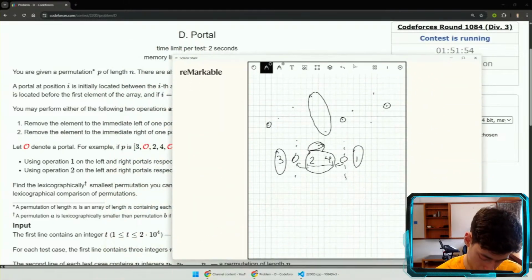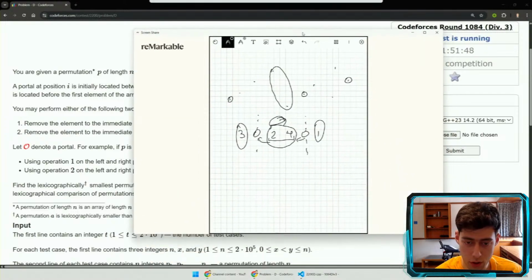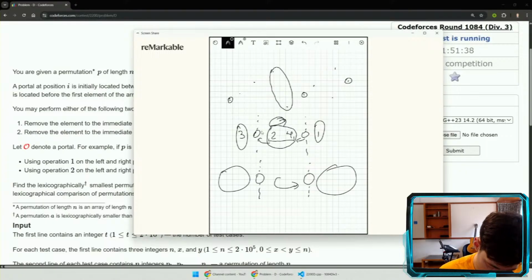But it's also always 3 before 1, right? 3 can never go after 1. So anything between the two portals can just be cyclically shifted as much as you want, and anything on either side, all I can do is reshape it. So it's just choosing where I'm splitting it.